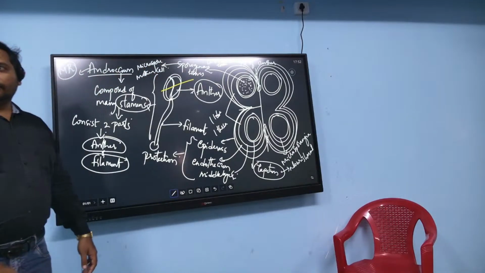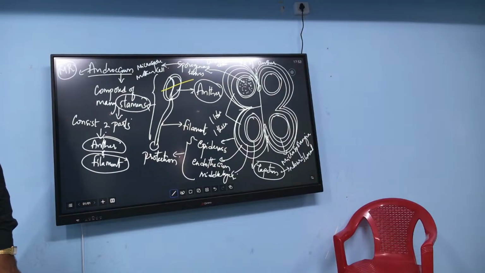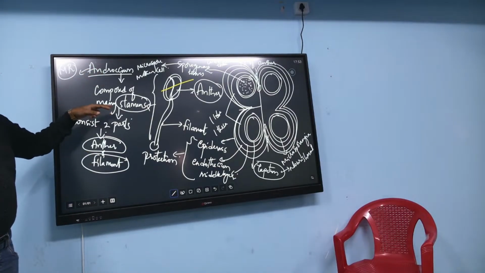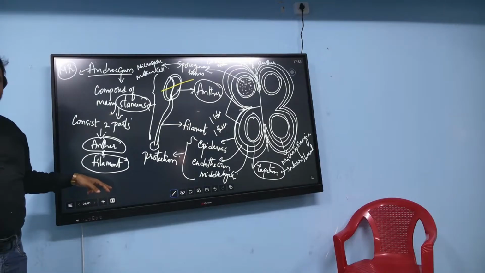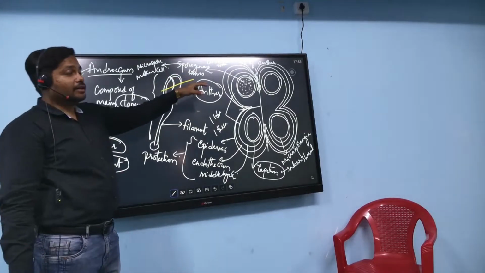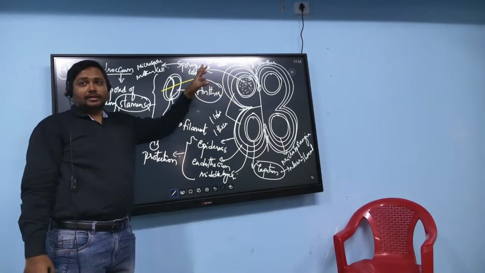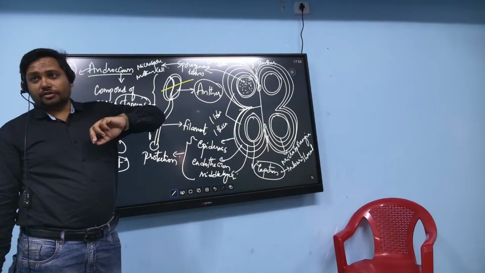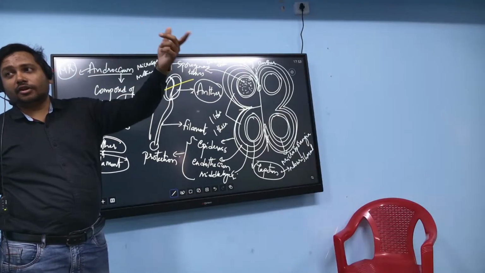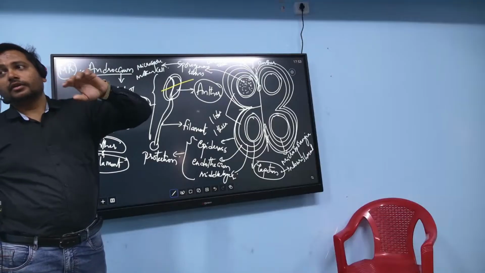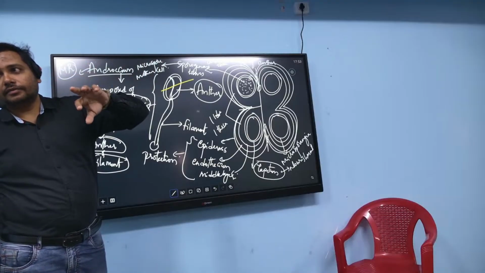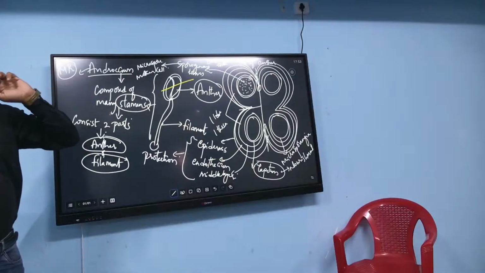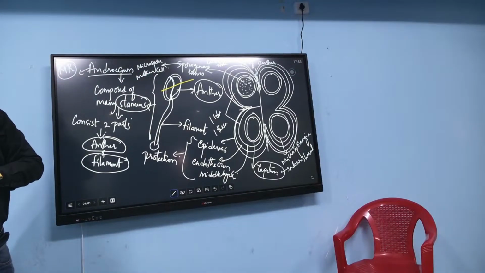Did you understand till here? We started from androecium. Androecium is composed of stamens. Stamen consists of two parts, anther and filament. When you open the anther, inside the anther we have microsporangia. Inside the microsporangia we have sporogenous tissue. This sporogenous tissue undergoes meiosis. It is a diploid cell, so it will undergo meiosis to form microspore mother cell. Done? Did you understand till here?